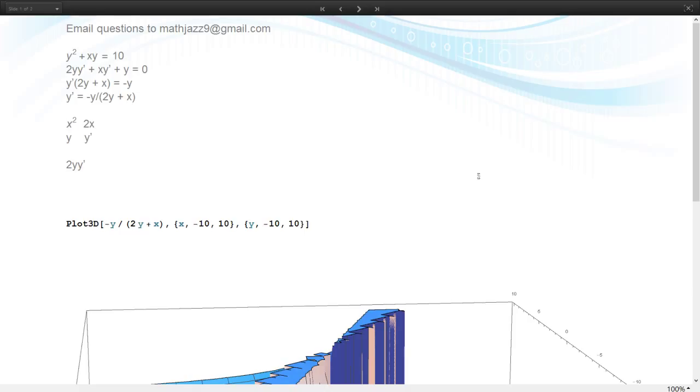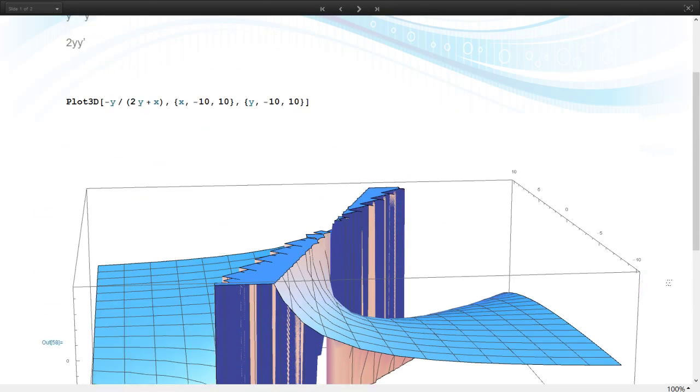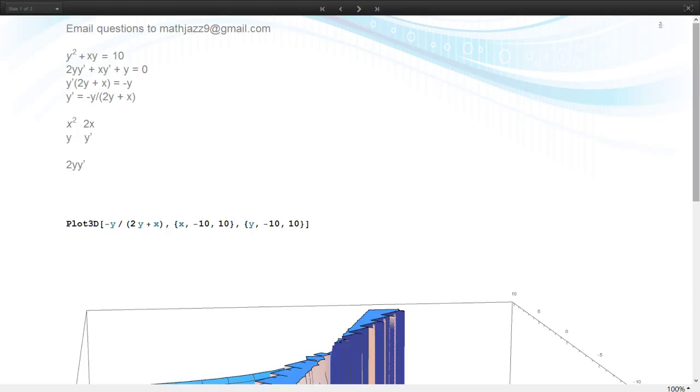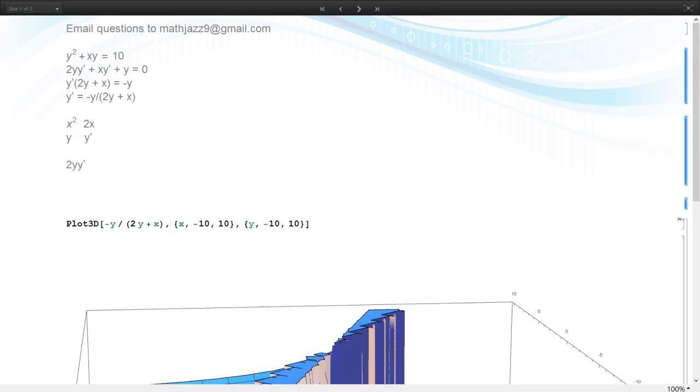So we want to calculate y prime. Okay, let's clear all of these off the screen. So this problem is what I think we're being asked for on the chat.